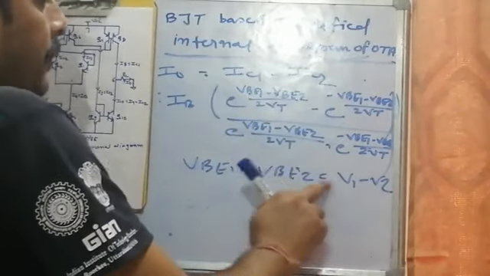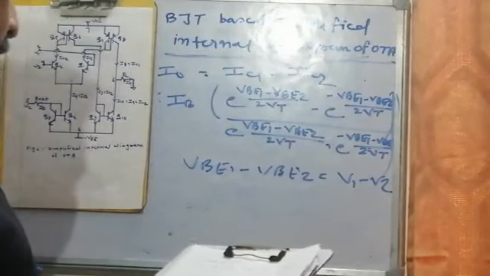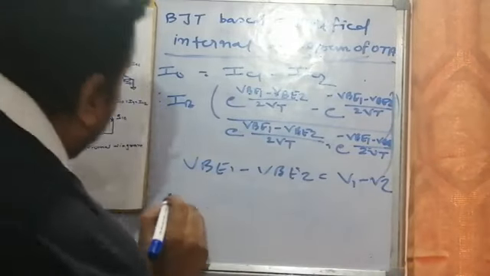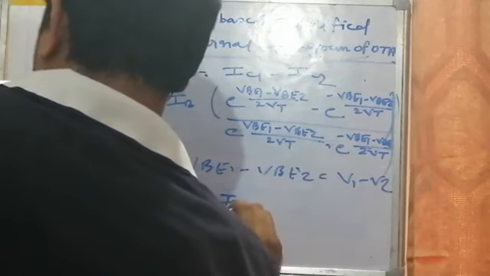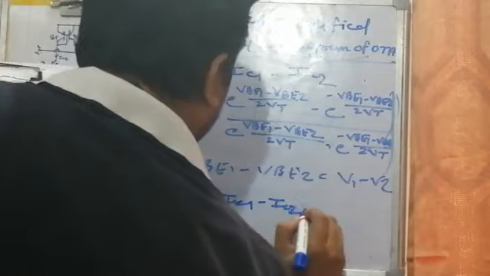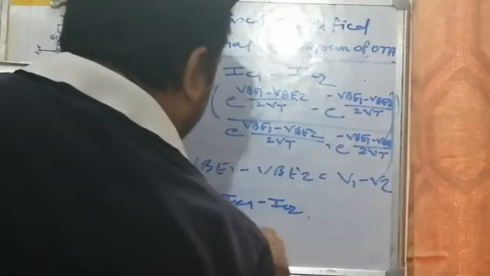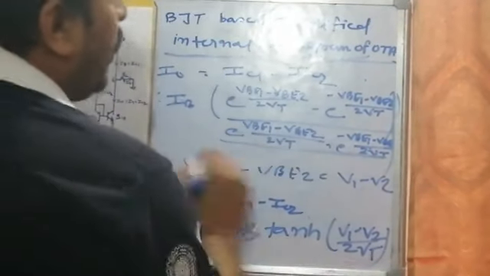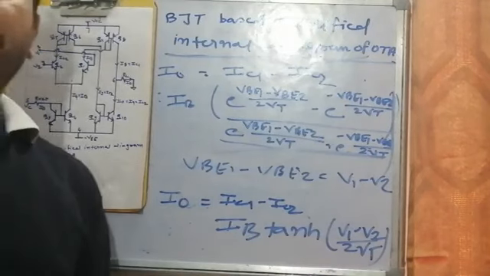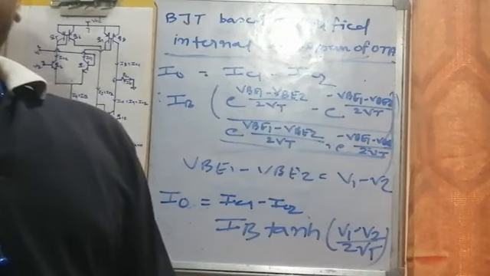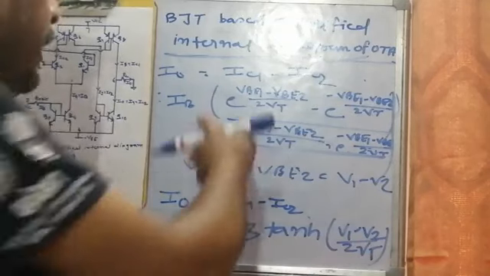Put the value of V1 minus V2 in this equation, and after solving we will get I0 equal to IC1 minus IC2 equal to IB tanh of (V1 minus V2) by 2VT. So basically this is the equation of tanh. Recall the equation of tanh, and we will get the same equation.